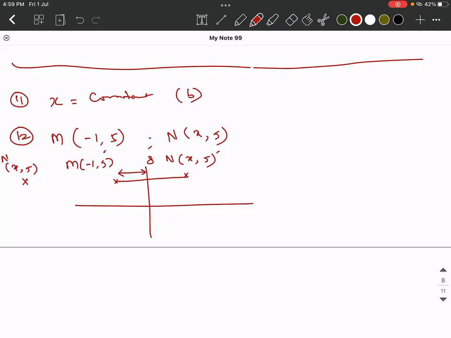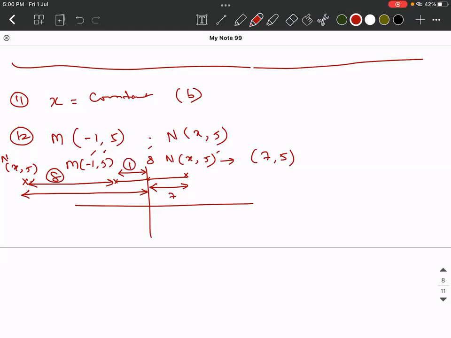So when this is 8 units, then how much is this distance? It is 1 unit, because from the y-axis, what is the coordinate? -1 represents the distance of 1 unit. How much are you left out with? 7. So this coordinate will be (7, 5). Or else, from here to this point is 8 units, and this is 1 unit.